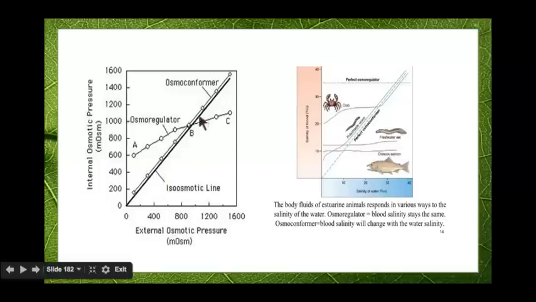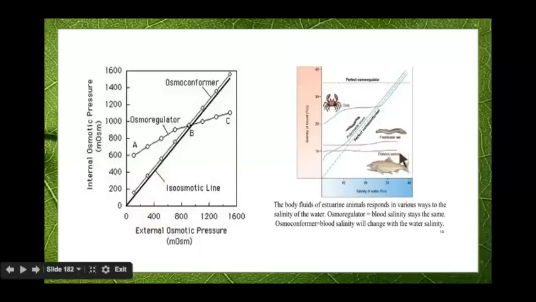So our osmoregulators keep a fairly stable internal osmotic pressure as the osmotic pressure of the environment changes, whereas our osmoconformers, the internal osmotic pressure is pretty much in perfect relationship with the external. So as the external osmotic pressure increases, the internal osmotic pressure increases as well.